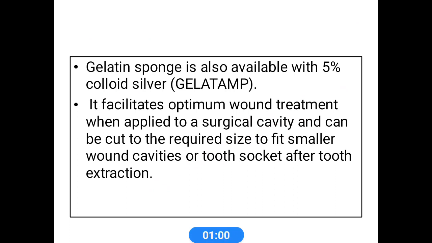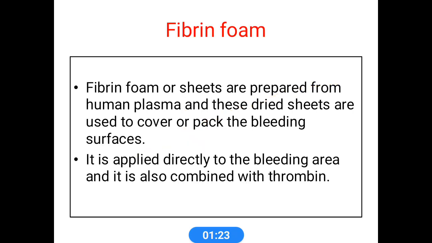It facilitates optimum wound treatment. When applied to a surgical cavity, it can be cut to the required size to fit smaller wound cavities or a tooth socket after tooth extraction. After tooth extraction, gelatin sponges are most useful to arrest bleeding.